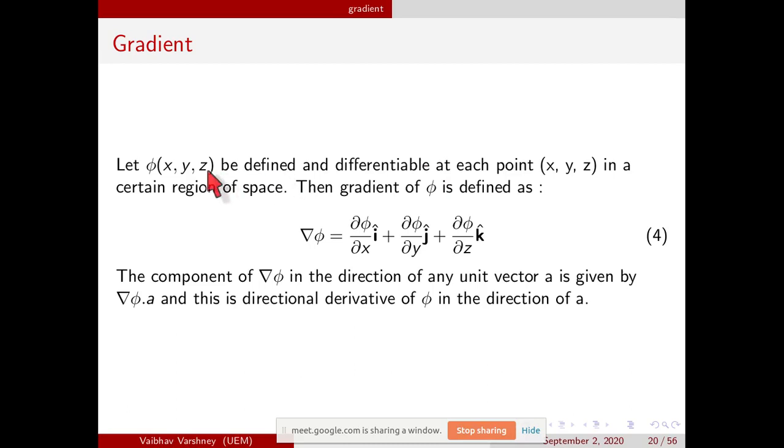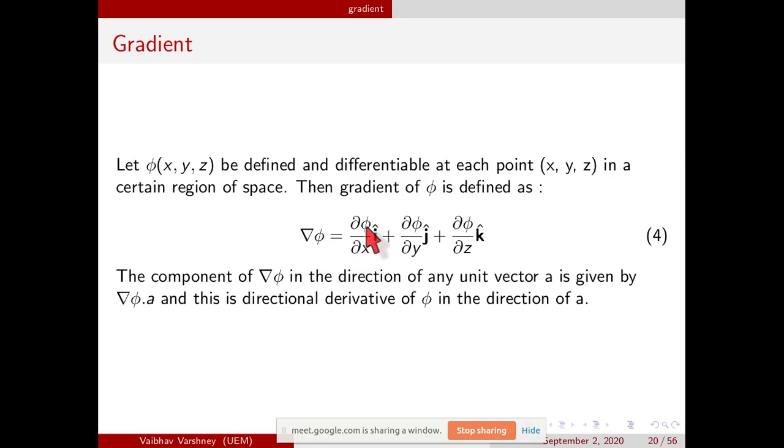So gradient: if del is operating on some scalar function, and some vector is multiplying with a scalar function, you cannot do the dot product. It's just a simple multiplication, like I did in this del into phi. Because phi is a scalar function, it's a direct product.